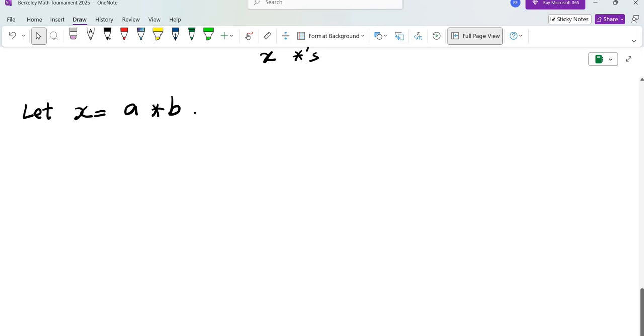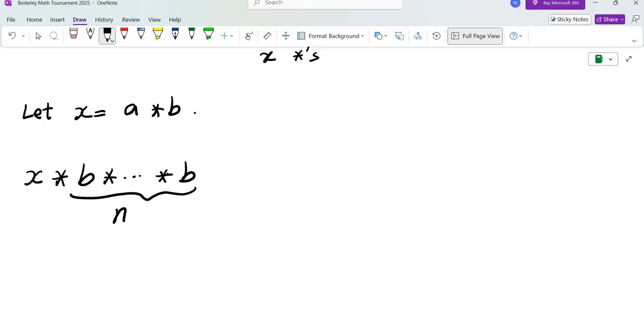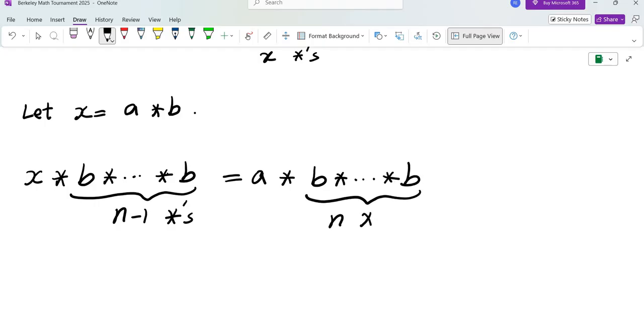So here's what I'm going to do. I'm going to take this x and star a bunch of b's to that. Let's say there are n minus 1 stars. So this is the same as a star b, and this one would be n stars.